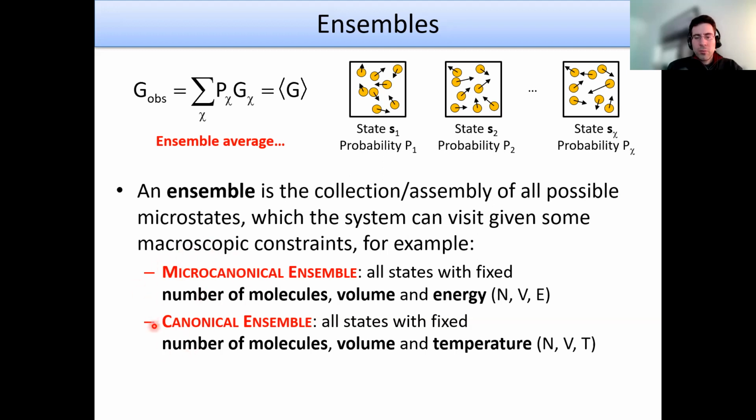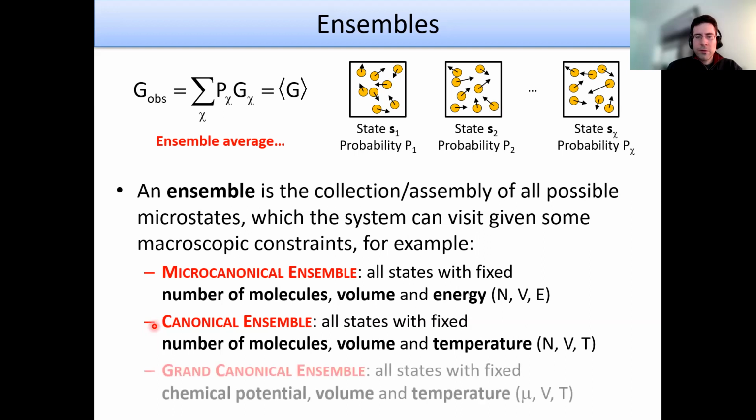So these are two very widely used ensembles. There is a last one that we will talk about today, the grand canonical ensemble, which includes all states with fixed chemical potential. So we don't fix the number of molecules or number of particles anymore. We fix the chemical potential, and we also fix the volume and the temperature. And this is called the grand canonical ensemble.